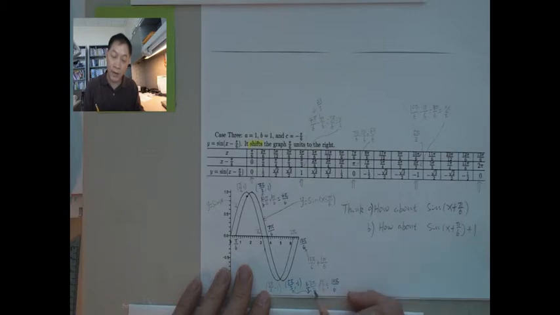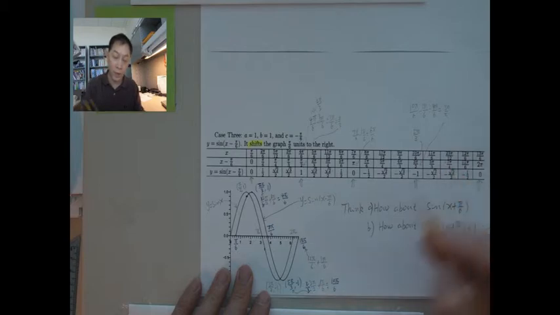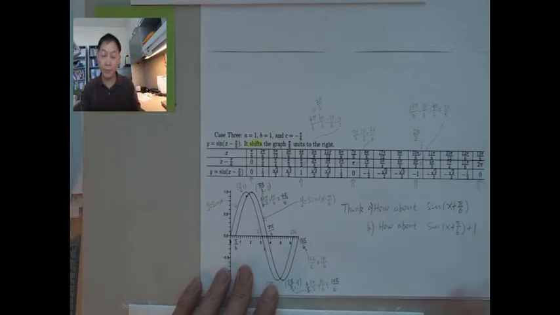So downstairs 2 times 3, that's 6, and 3 times 3 is 9 plus 1 is 10. So 10 pi over 6, which is 5 pi over 3. So it's actually this point we got from here, pi over 6 units to the right.